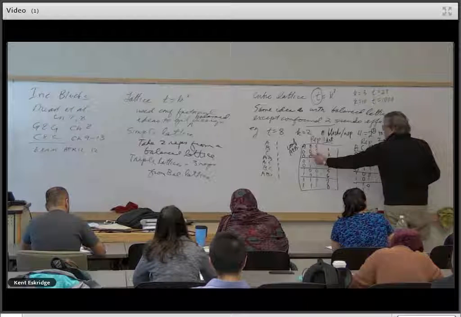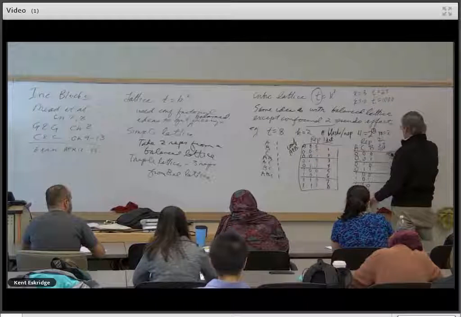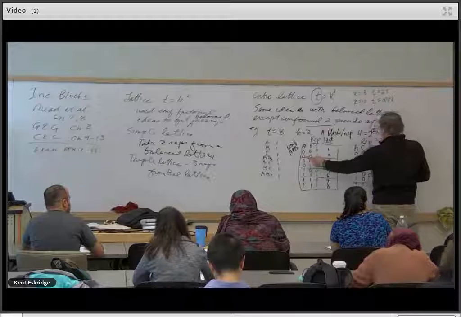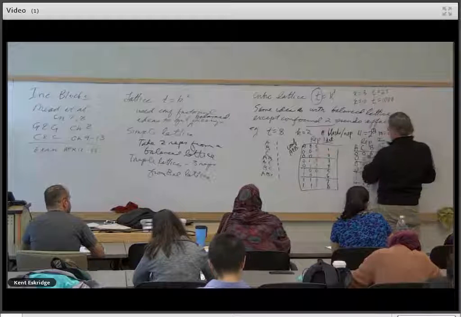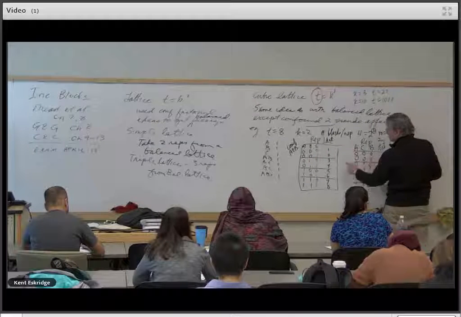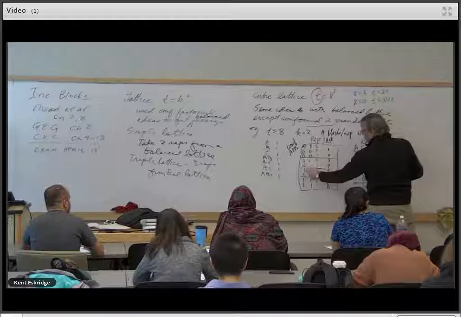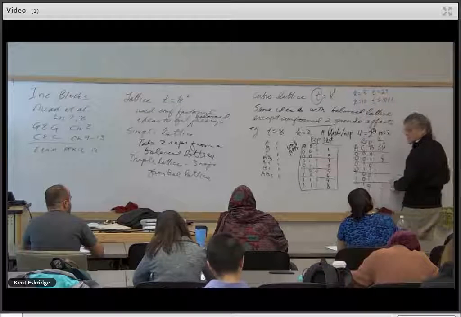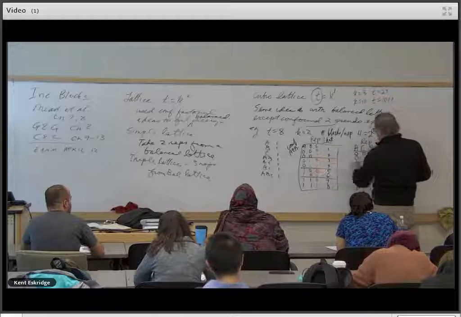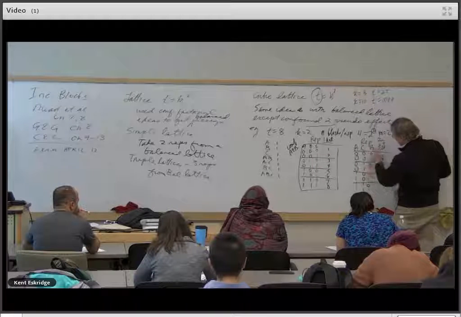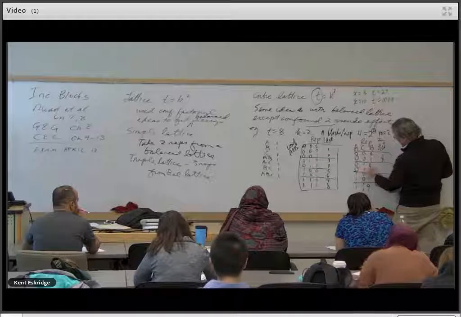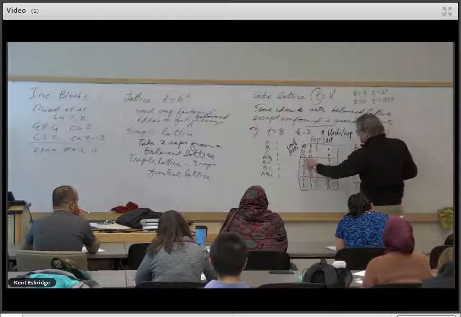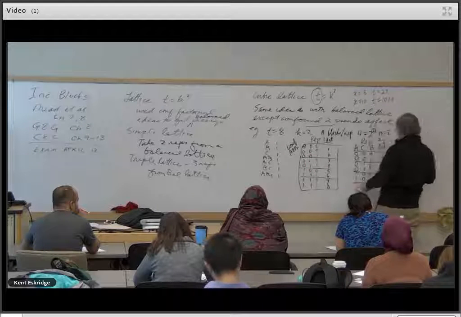Well, let's see. 0, 0, 0 is treatment 1, right? Okay, what's 0, 1, 0? That's 3, right? The second one now, it's 0, because this order is different. It's got to be 0, 0, 1. So 0, 0, 1 is 2.